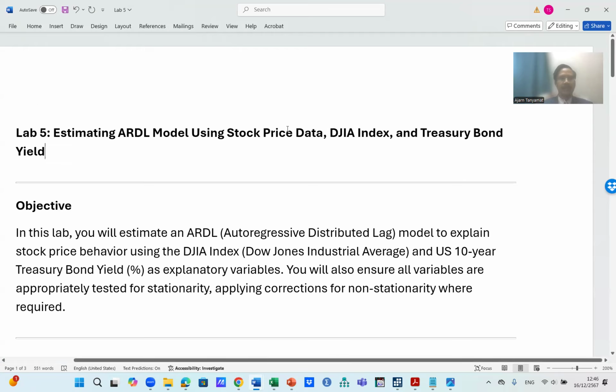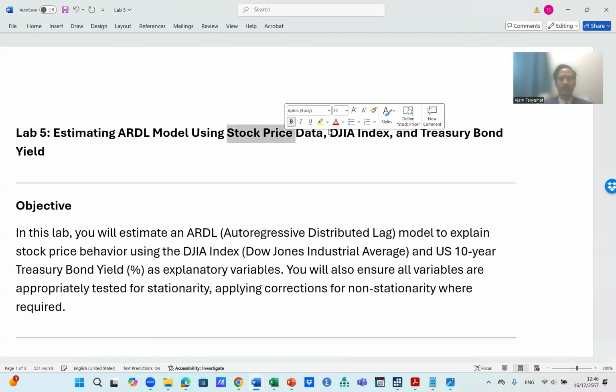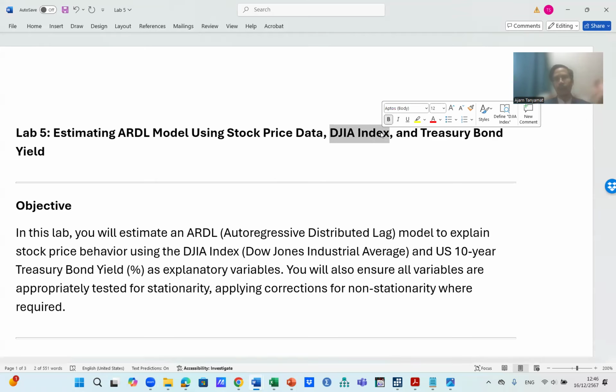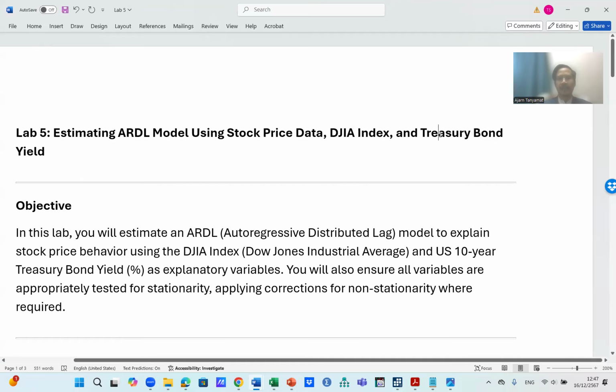The idea is that we think that stock price is related to the DJIA index because the stocks that you guys picked are mostly US stocks. So they should be correlated with the overall stock market in the US. And treasury bonds are often viewed as an alternative investment vehicle.